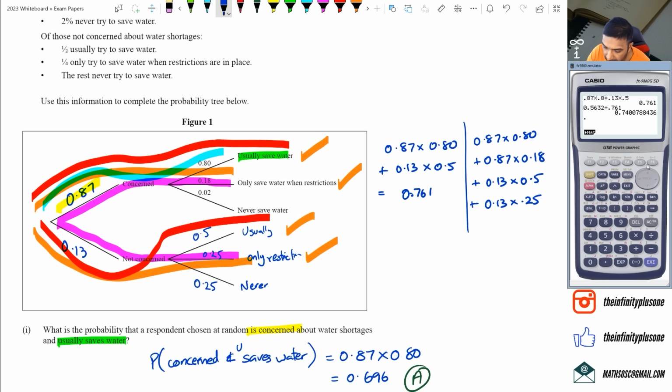So you've already got that 0.761, but you might actually add, so you might have 0.87 times 0.80 plus 0.87 times 0.18, that's the new orange one, plus 0.13 times 0.5 plus 0.13 times 0.25. So that's adding those orange lines now. So I'm going to get 0.761, which is that original one, plus 0.87 times 0.18 plus 0.13 times 0.25.